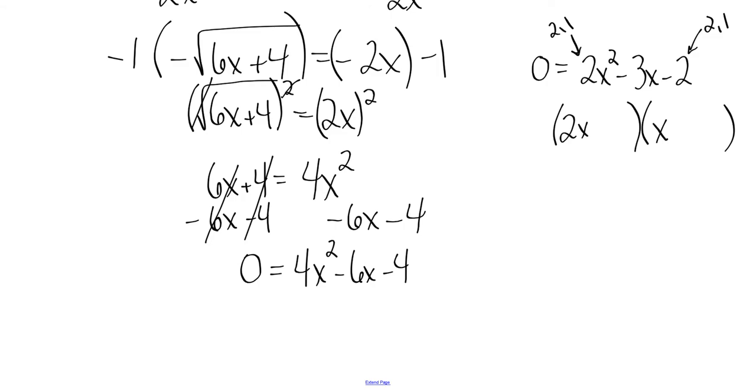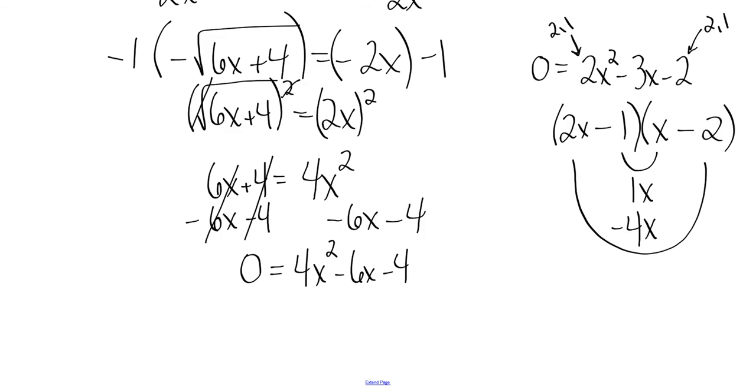Well, my suggestion is to try to get a 2 there, which would get me to 4x, and then we'd be left with the 1 there, which would give me a 1x. How can I use a 4x and a 1x to get negative 3? Well, this one's got to be a negative, and this one's got to be a positive, okay? That's the correct factorization.